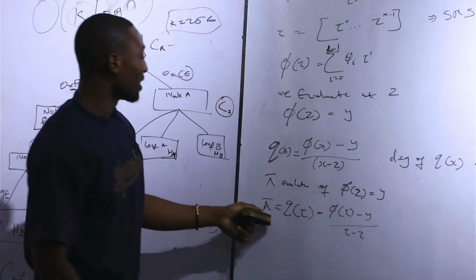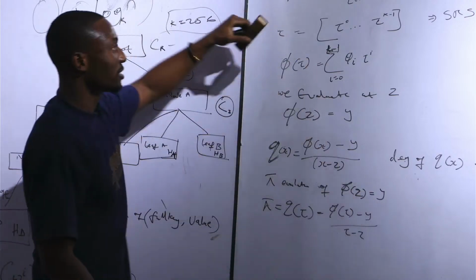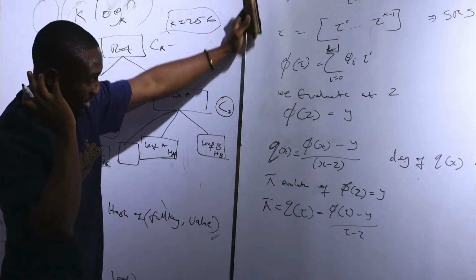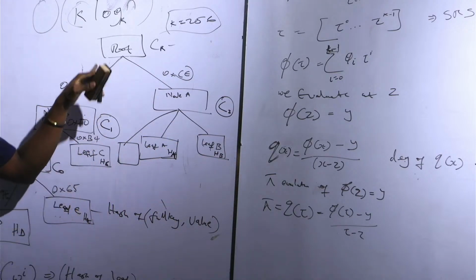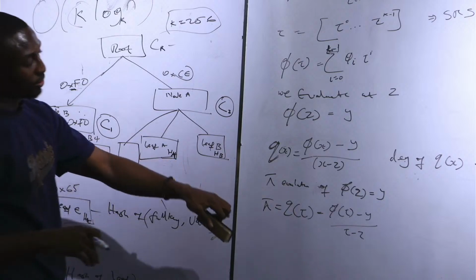So this will be the proof for a polynomial evaluation. That's how we got all those proofs for the leaves inside the tree. That's how we would derive the proofs generally.